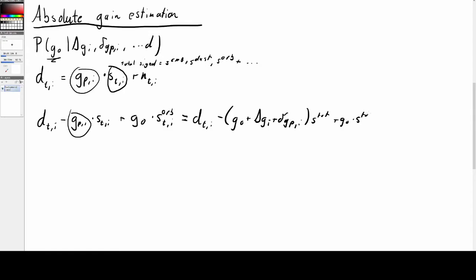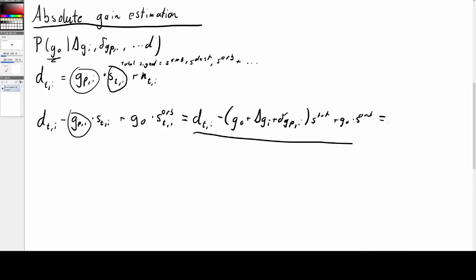And so this is now our left-hand side, and then, oh, sorry. This is not the total signal. This is the orbital dipole.